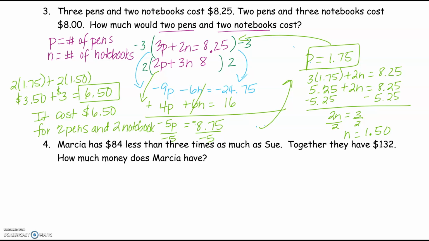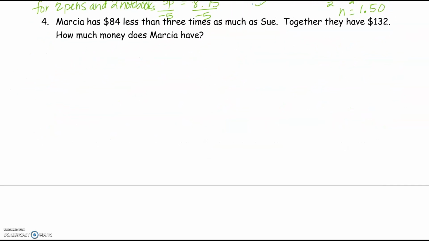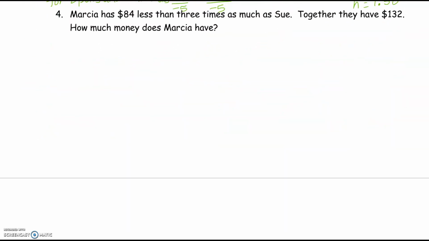Okay. Let's go to the last one. Marcia has $84 less than 3 times as much as Sue. Together they have $132. All right, so let's do M for Marcia's money, and we'll do S for Sue's money.